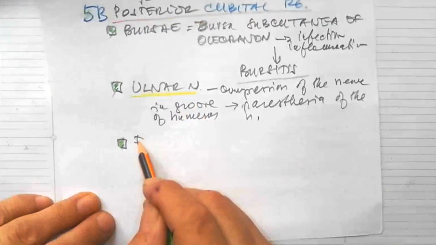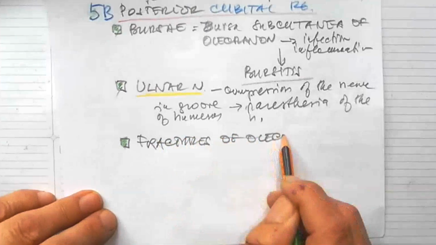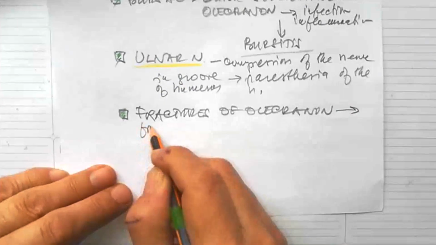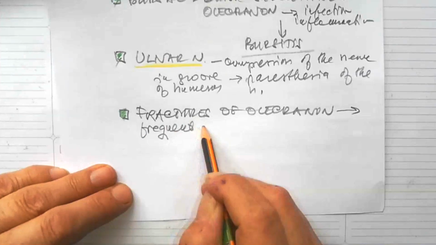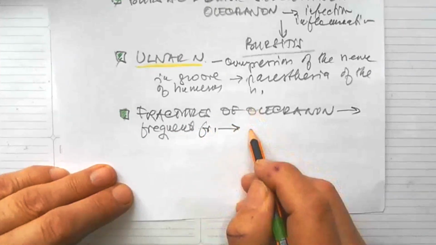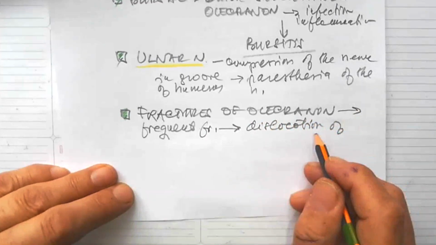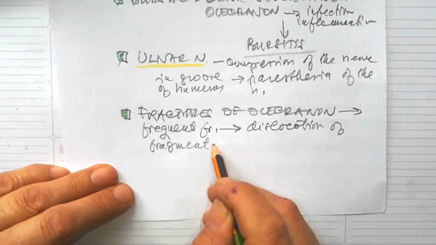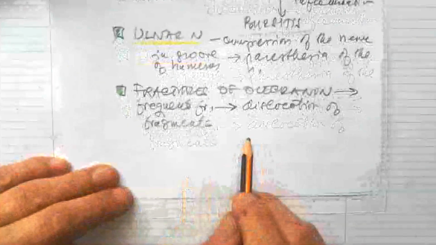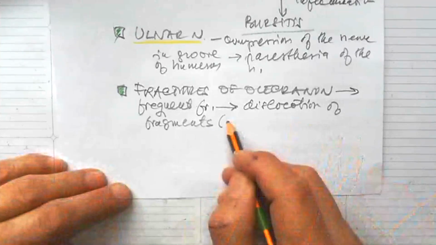So we could say fractures of olecranon, frequent, commonplace, leading to the dislocation of fragments, because sometimes the olecranon is divided into fragments, and because the triceps is attached, dislocation is typical.